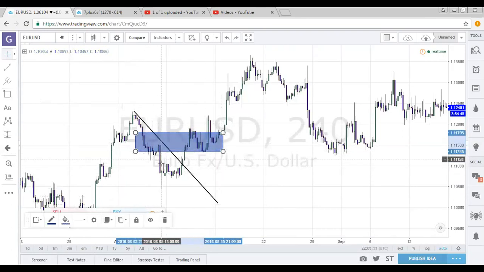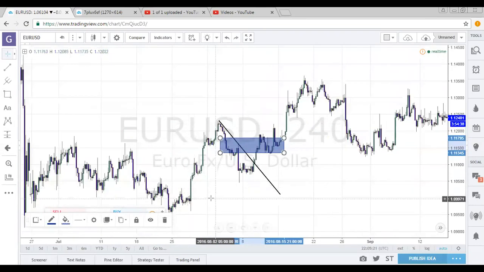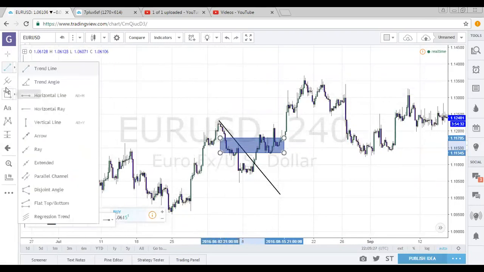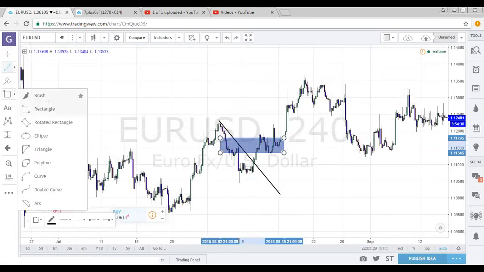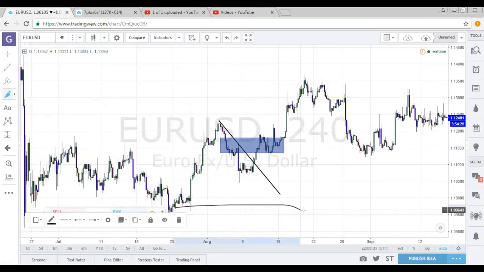Shoulder, head, shoulder, respecting this zone. Okay? It's like it's attempting to make that last push to the 100% retracement because this is what it's trying to hit. It's trying to hit down here.